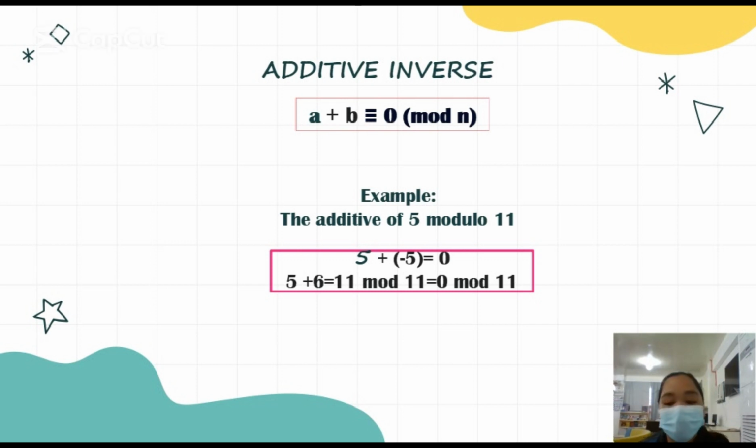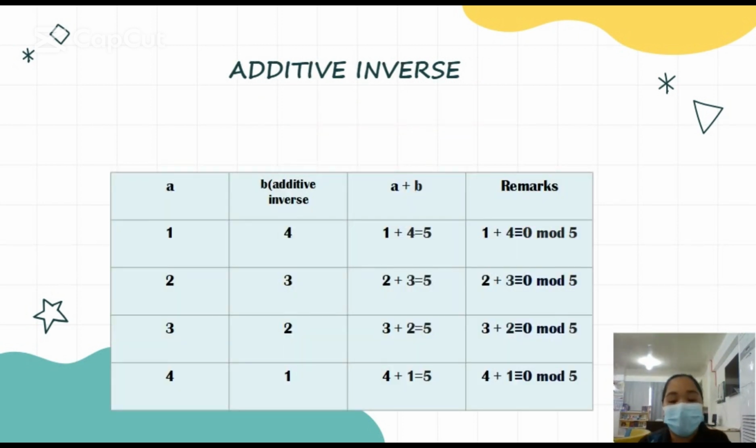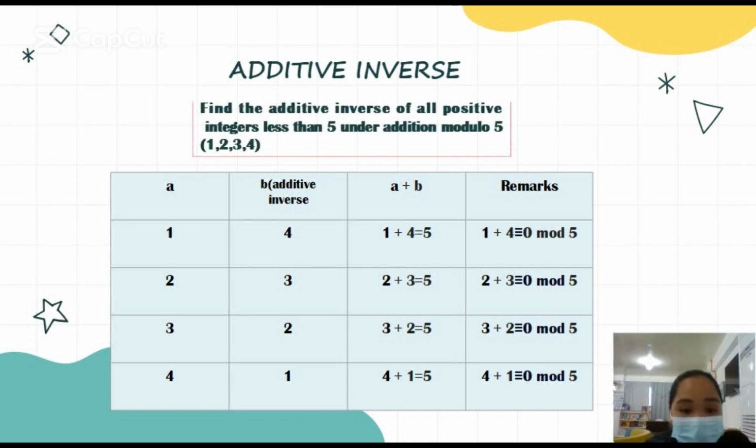So that is our additive inverse. I have here another table that will explain how the additive inverse is added. Find the additive inverse of all positive integers less than 5 under addition modulo 5.